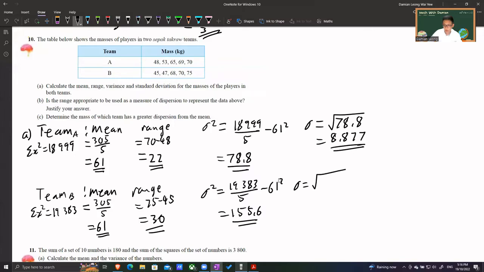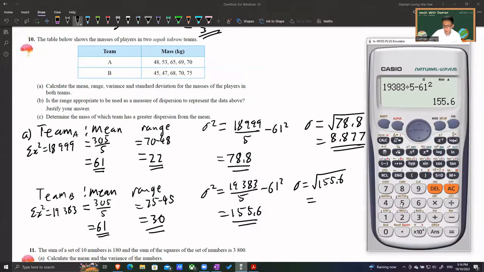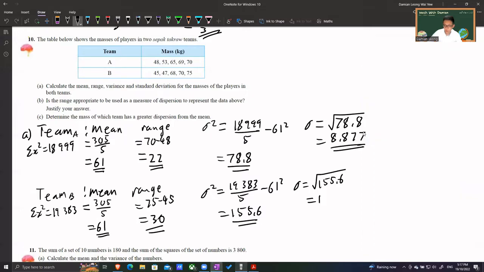Standard deviation, square root of that, 12.473. So 12.47.